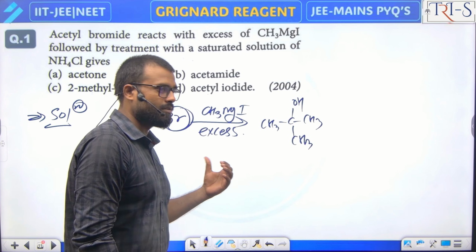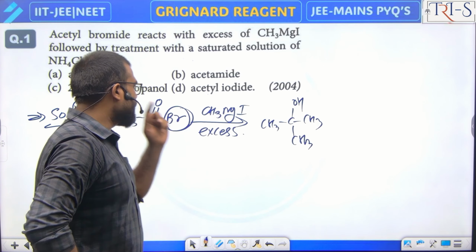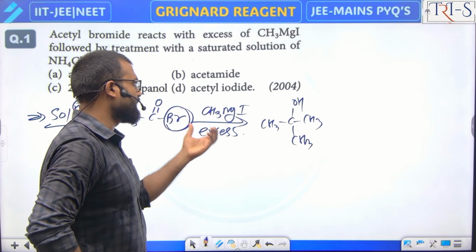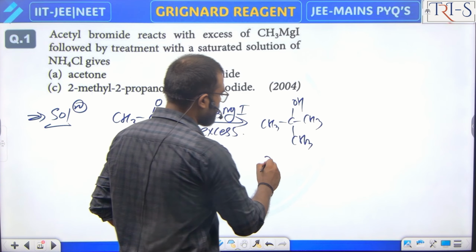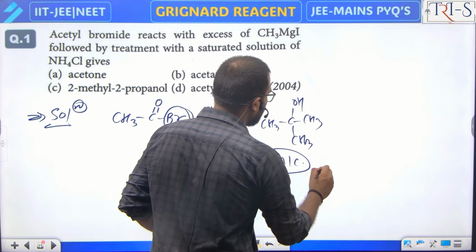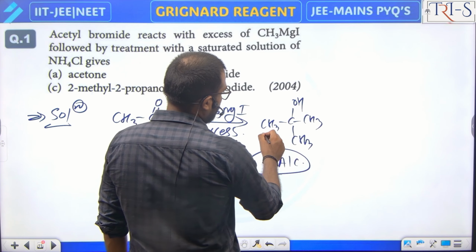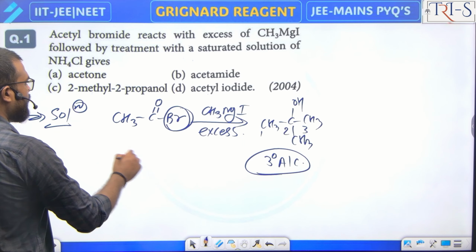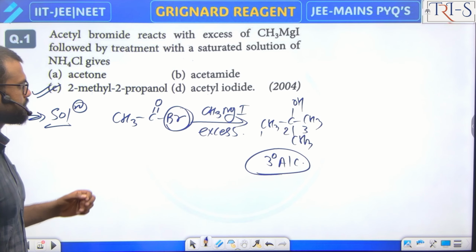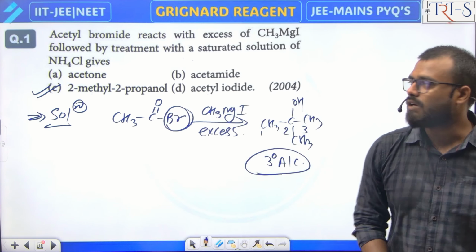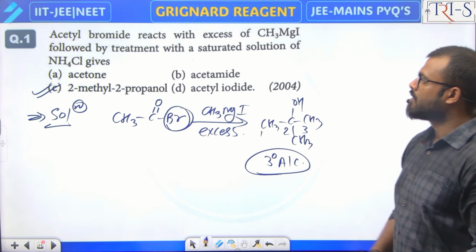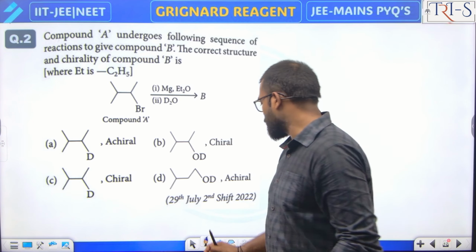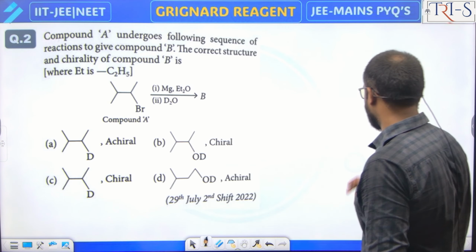We already discussed bromine can leave and ketone is formed, and after that ketone can also react with Grignard reagent and will form 3-degree alcohol, and the name of this alcohol is 2-methyl propan-2-ol or 2-methyl-2-propanol, that is option C. You can solve problems easily if we have the proper concept regarding Grignard reagent.